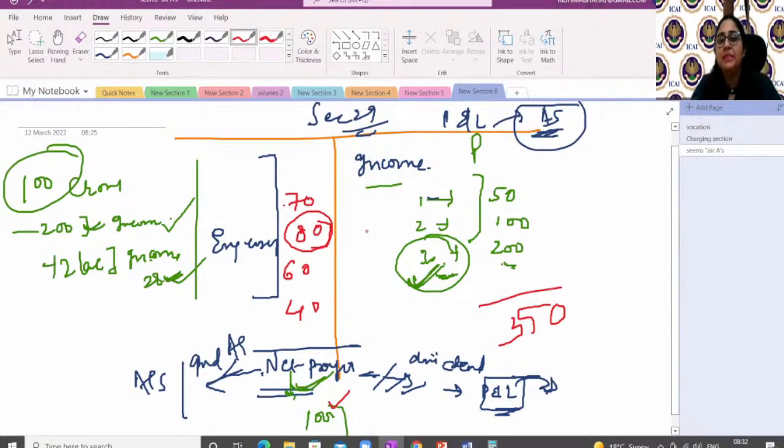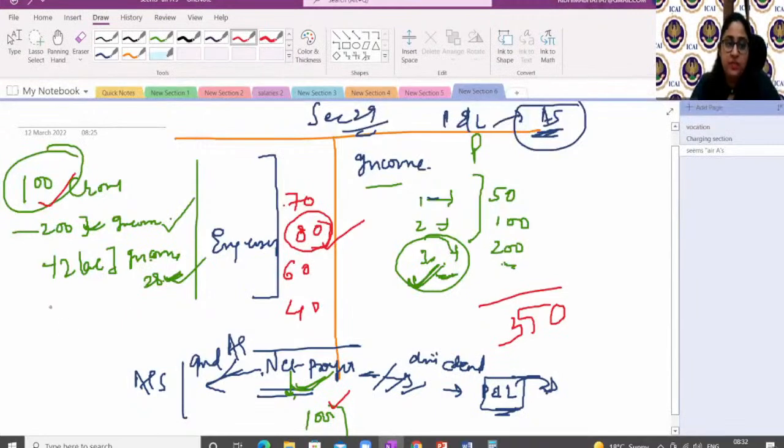That means income tax does not allow this. When I say income tax does not allow this, that means it is a not deductible expense. That means as per income tax, you cannot claim the benefit of this expense. So what has happened? I've already reduced this from my total income to get the profit of this. So when I'm talking about this 100, this 80 is already reduced in this 100 amount.